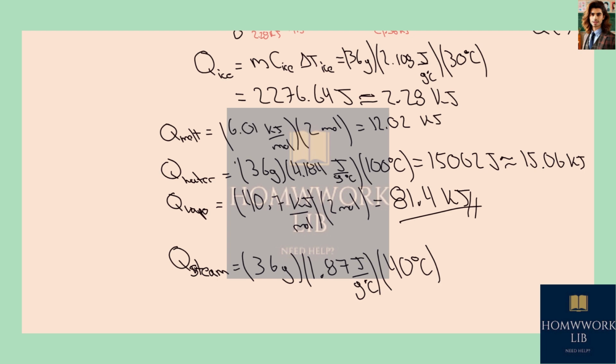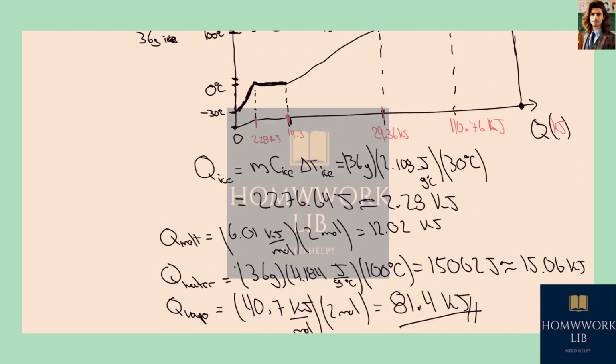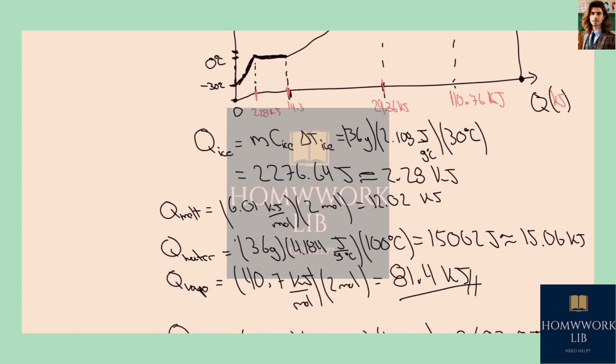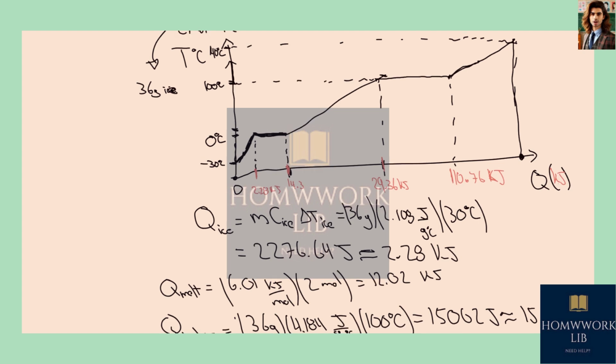So 40 times 36 times 1.87 gives us 2692.8 joules, which is the same as 2.69 kilojoules. So my final point would be 110.76 plus 2.69. And the final point in our plot corresponds to 113.45 kilojoules.